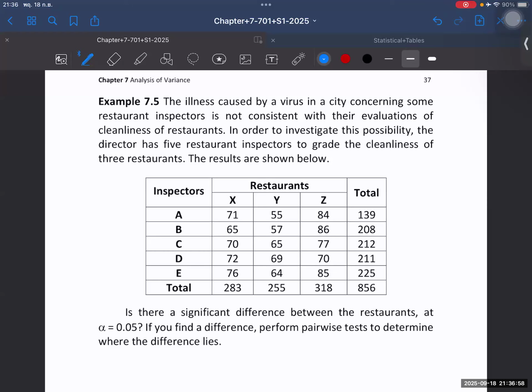The illness caused by the virus, in a city concerning some restaurant inspectors, is not consistent with their evaluation of the cleanness of restaurants.